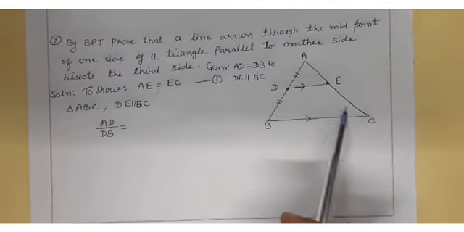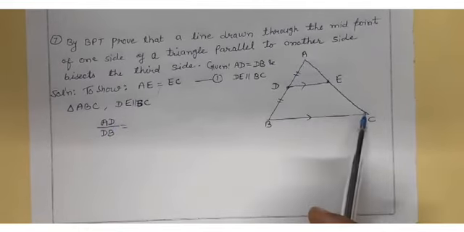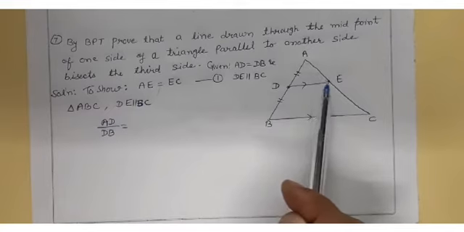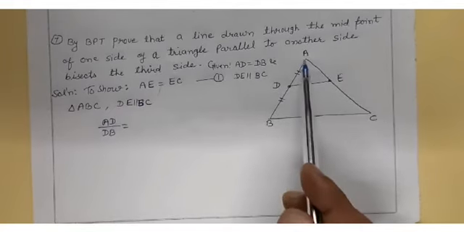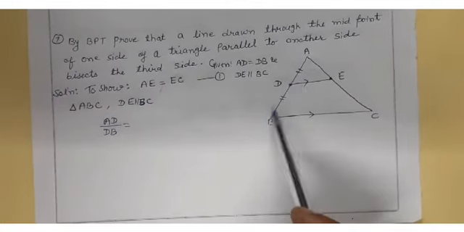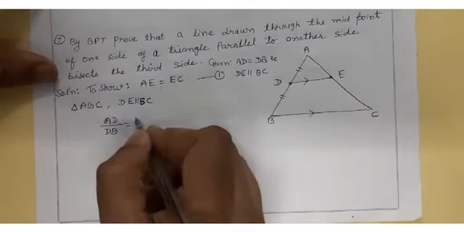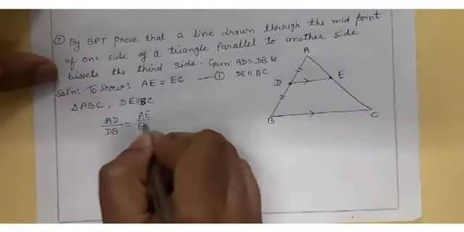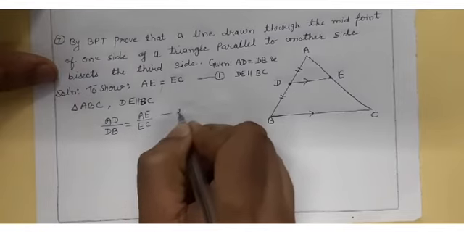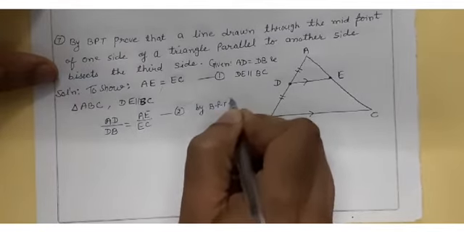For that I am taking triangle ABC, where DE is parallel to BC. Then by BPT theorem, AD upon DB is equal to AE upon EC.